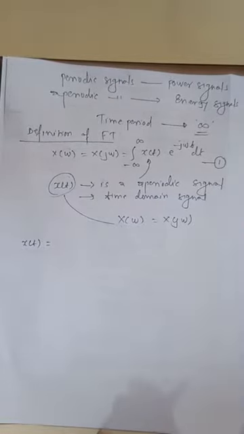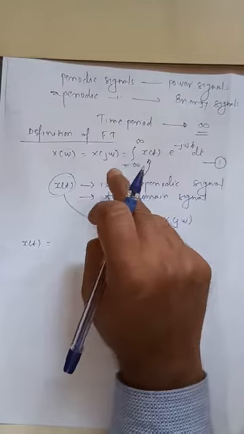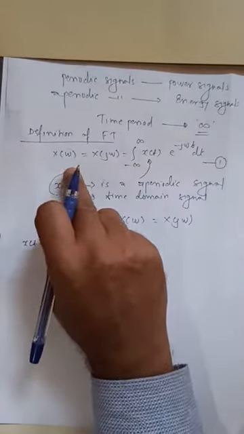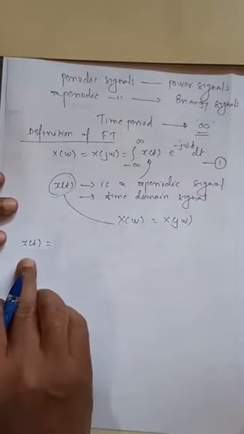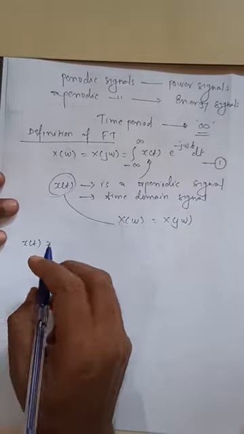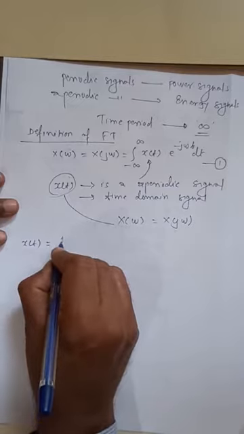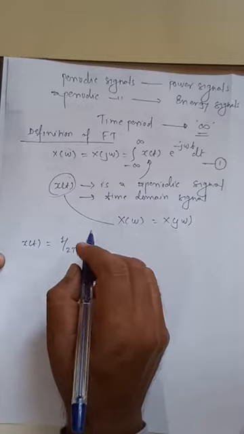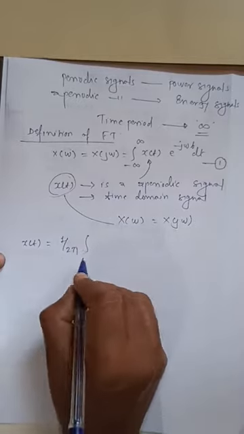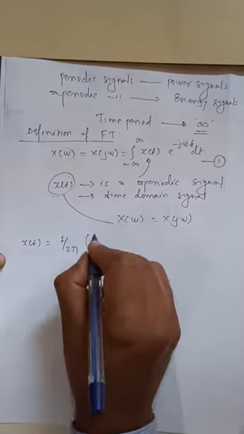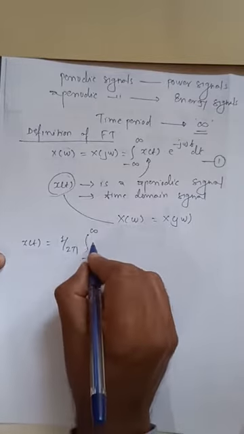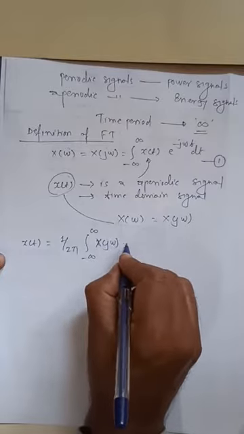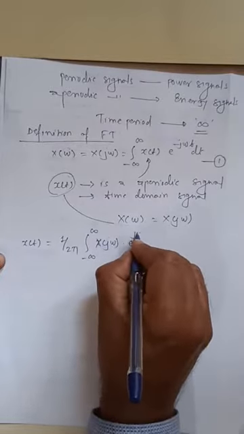As this Fourier transform is obtained from the time domain signal x of t as x of omega, now getting back the original signal x of t, the equation is like this: 1 upon 2 pi, integration from minus infinity to plus infinity of capital X of j omega into e raised to j omega t.